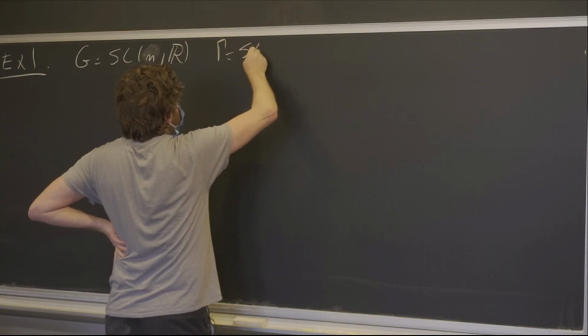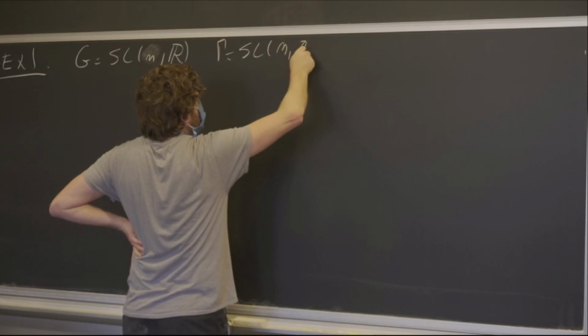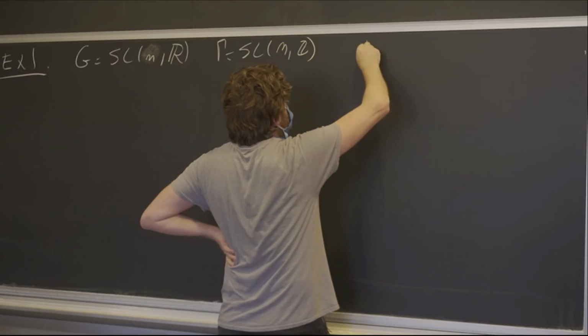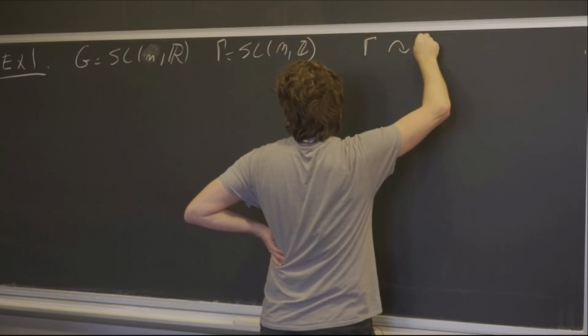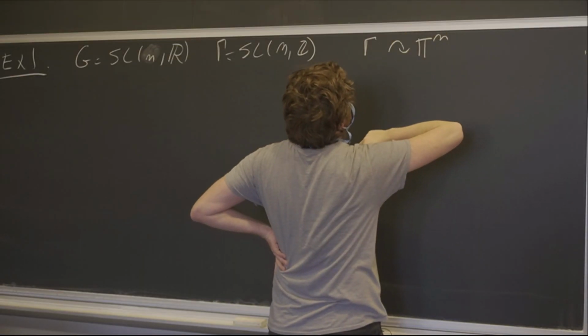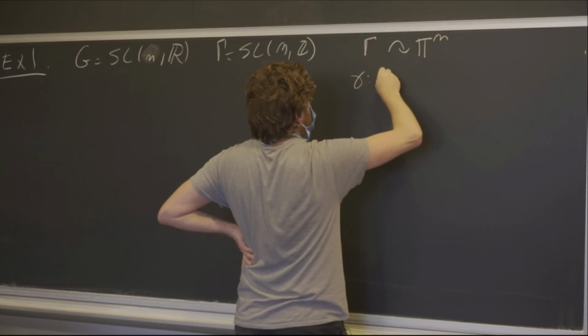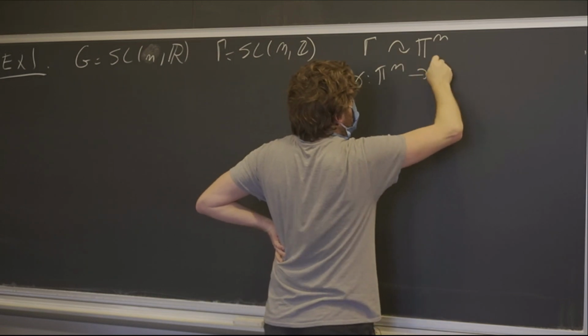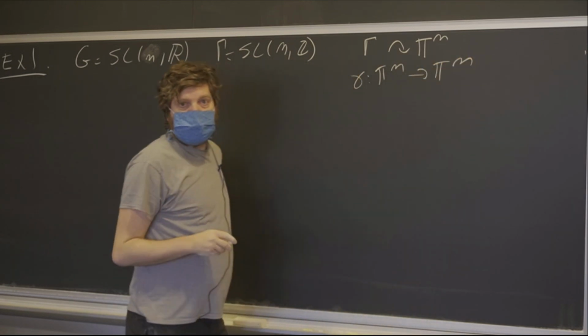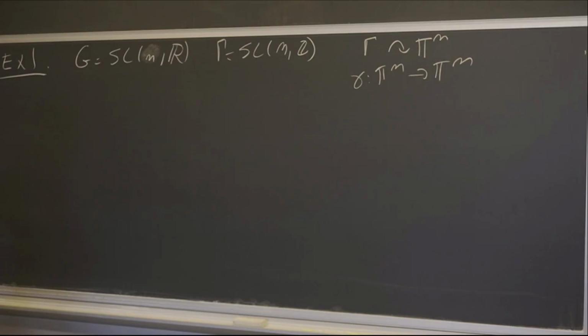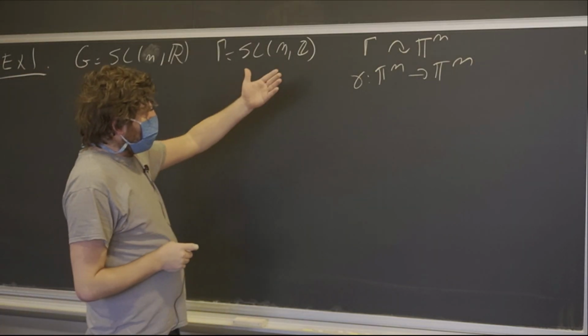Gamma is SLNZ. Gamma acts on the torus Tn by linear maps. It's how the matrix acts on the torus. And we do the suspension and so on.